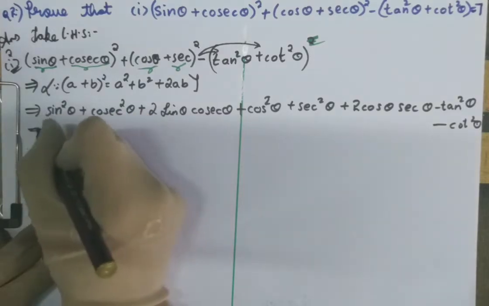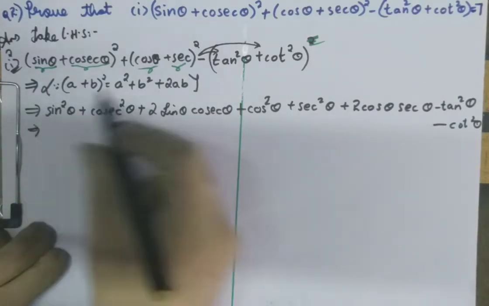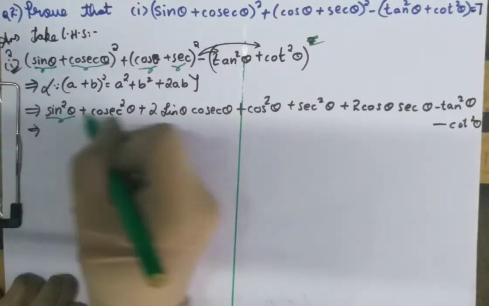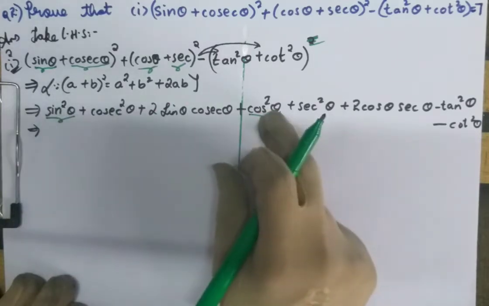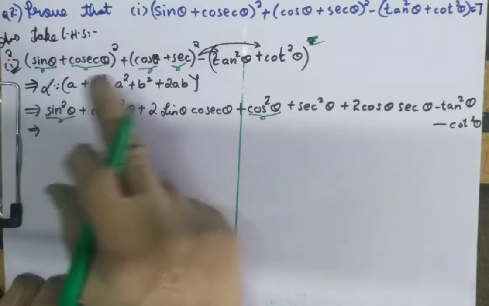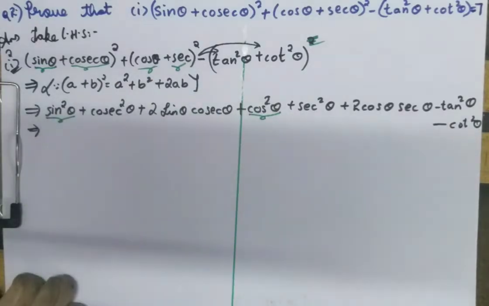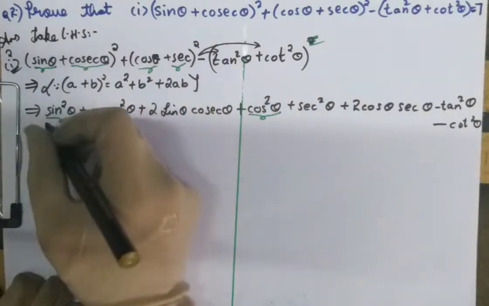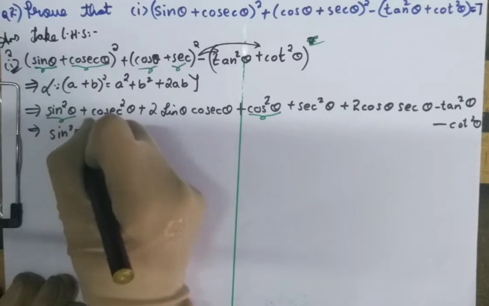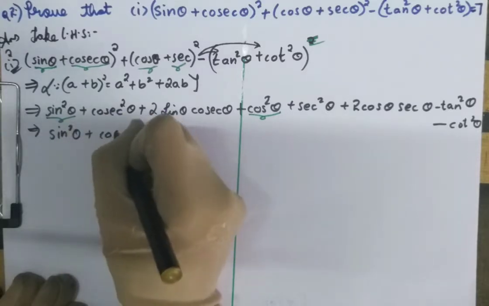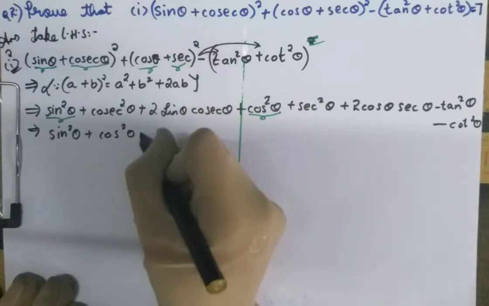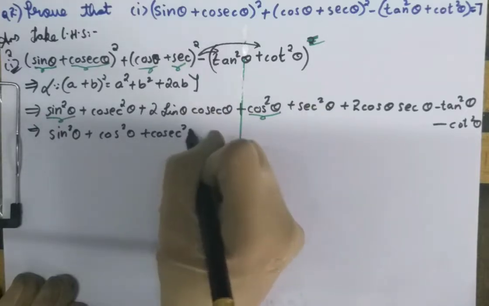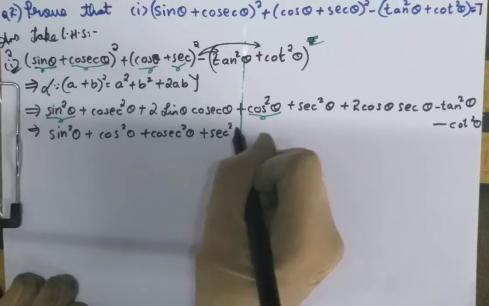Here we have sin^2 theta and here we have cos^2 theta. Since we know sin^2 theta + cos^2 theta is 1, we will write them together: sin^2 theta + cos^2 theta, and cosec^2 theta and sec^2 theta we will write together: plus cosec^2 theta plus sec^2 theta.